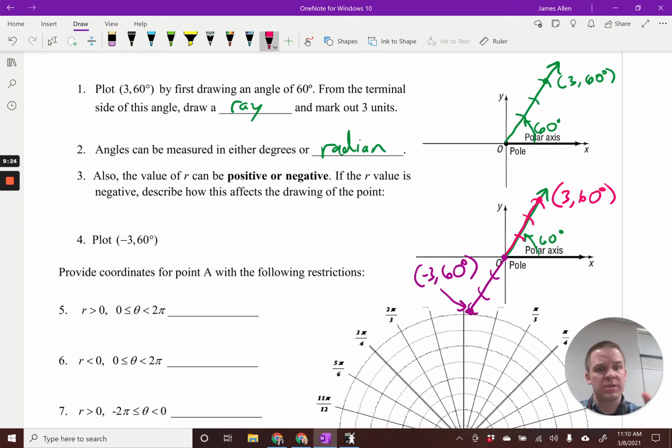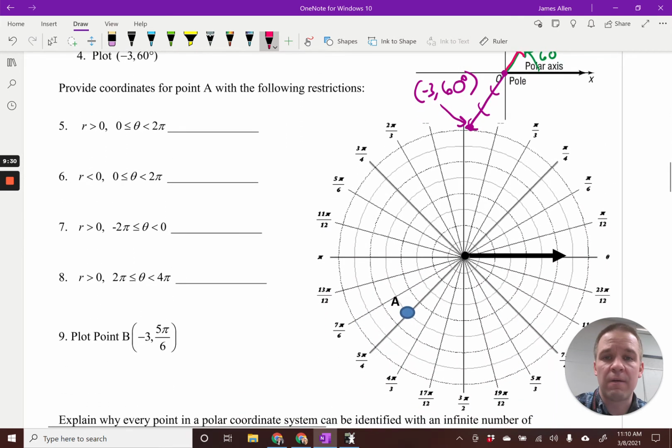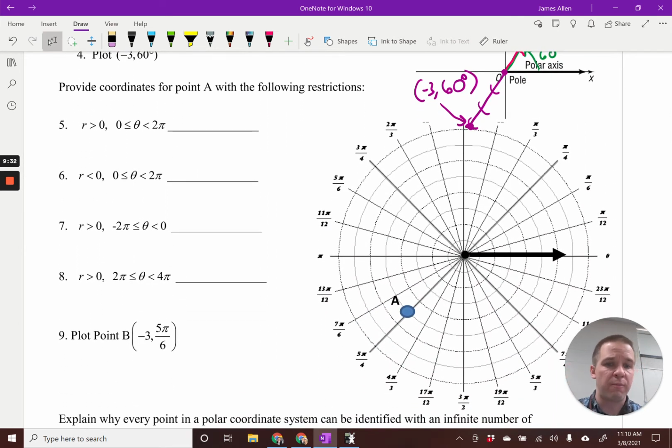We're going to name some of these points in different ways here in this next example. And as you see, we have different restrictions for each part here. So we have point A right over here. In case you missed it, now it's circled in bright, wonderful pink here. We want to label that point with a positive radius, r being positive, and then our angle being between 0 and 2 pi.